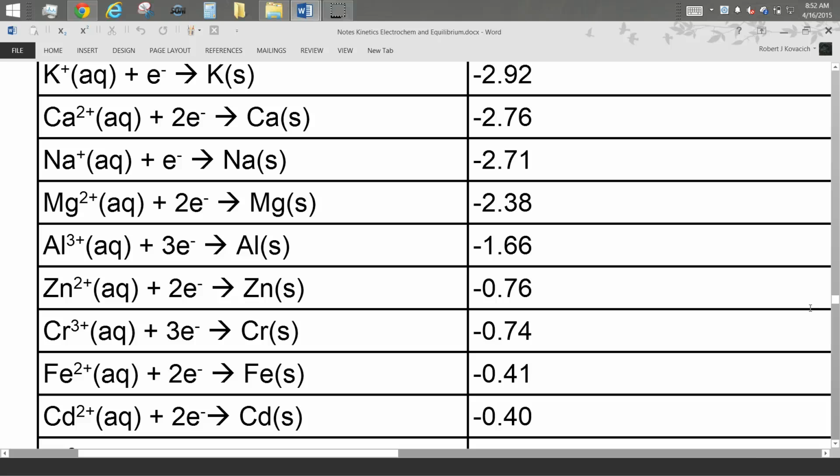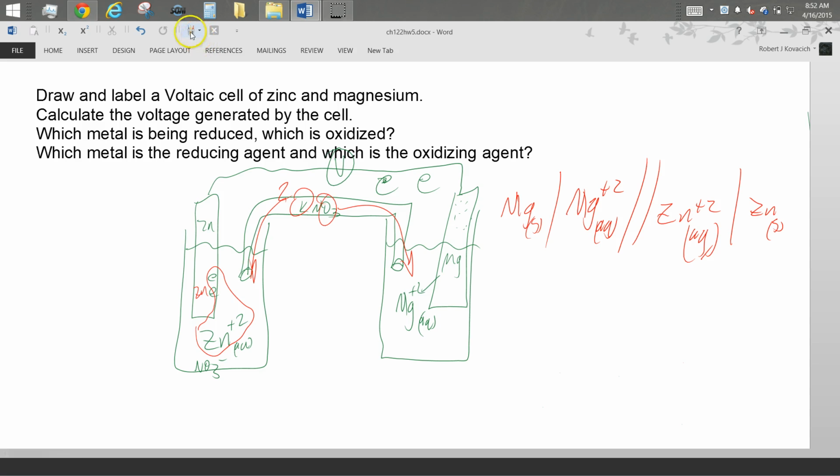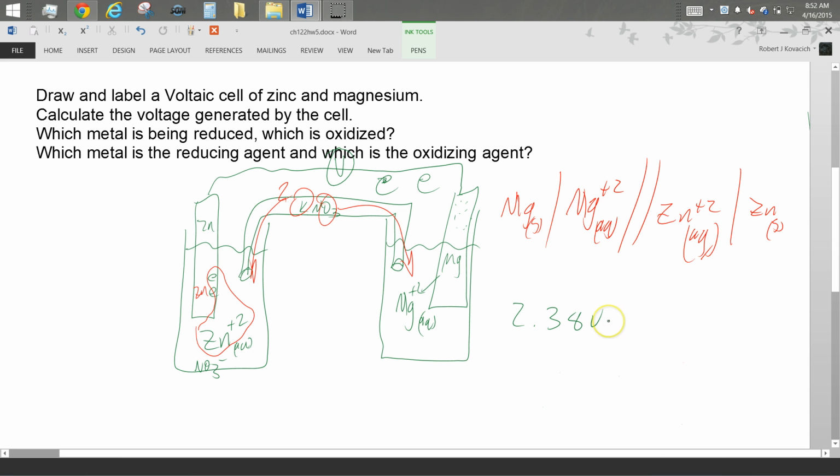I've got to put 2.38 volts of electricity into that process to get that to happen. But since the magnesium was actually giving the electrons away, I get that much voltage. So 2.38 volts was generated.